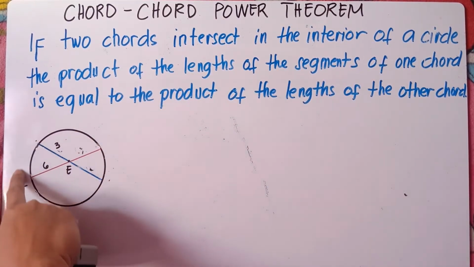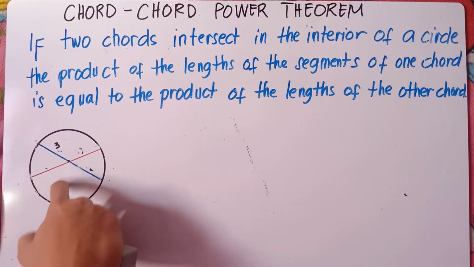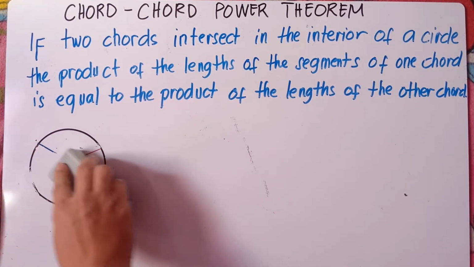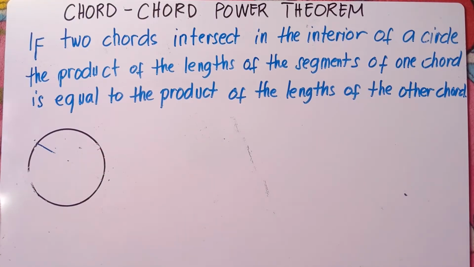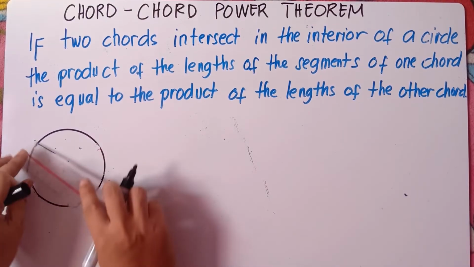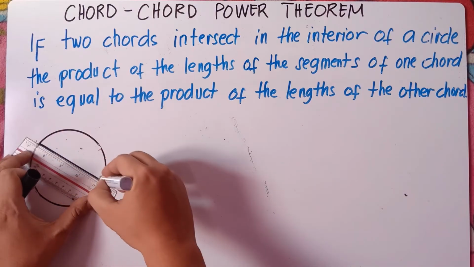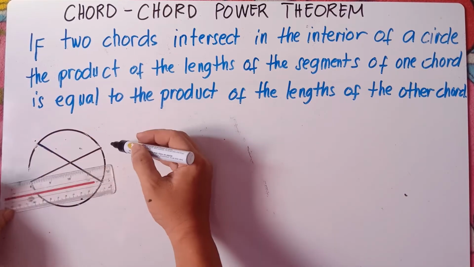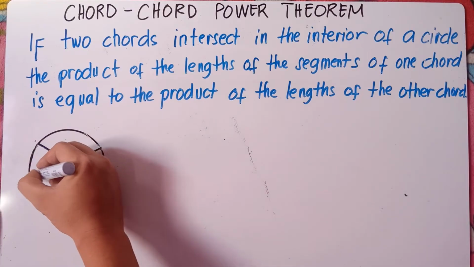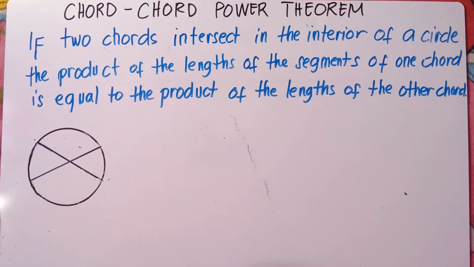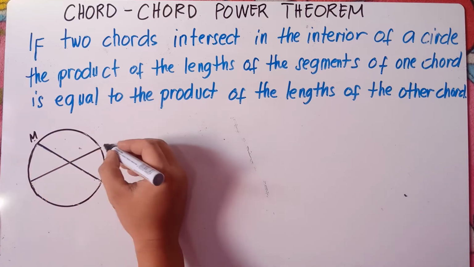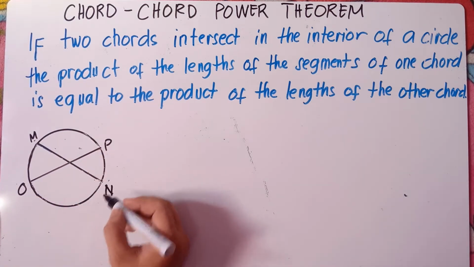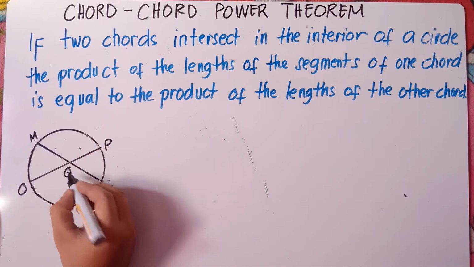Let me change the numbers. So what if we say point M, P, O, and N. This is Q in the center.